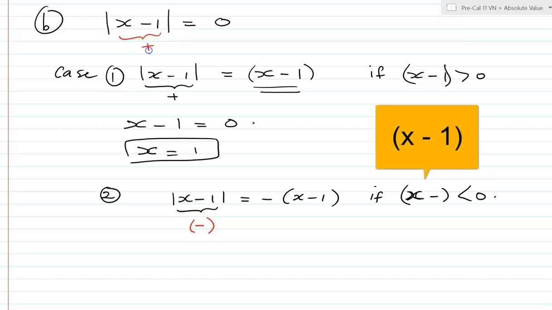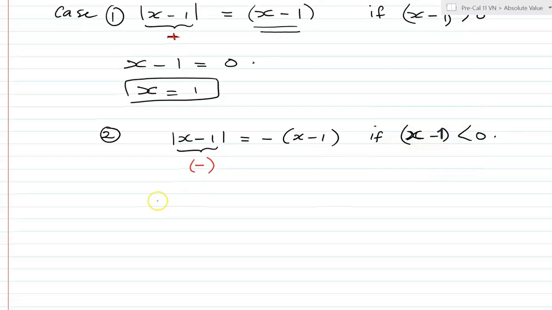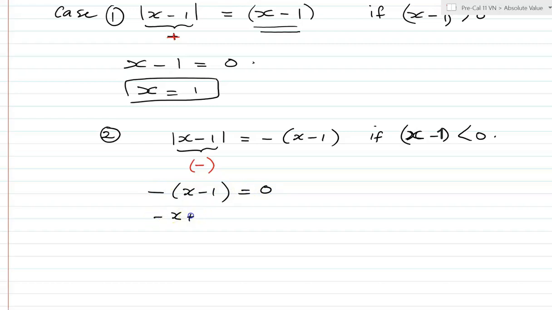The first part was a positive value. If that is the case, let's write the equation: negative of x minus 1 set equal to 0. Now let's do the distribution and then solve for x.